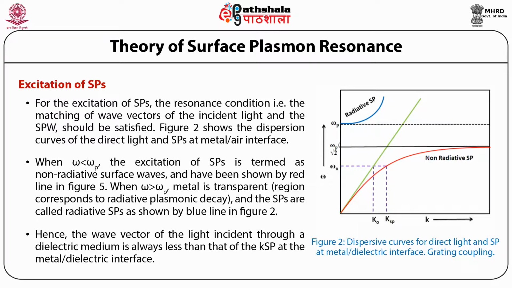Thus, to excite the surface plasmons, the wave vector of the incident light should be increased over its free space value. Various approaches are available to provide this additional wave vector component to excite the surface plasmons, that is, high index prism, grating and optical waveguide.